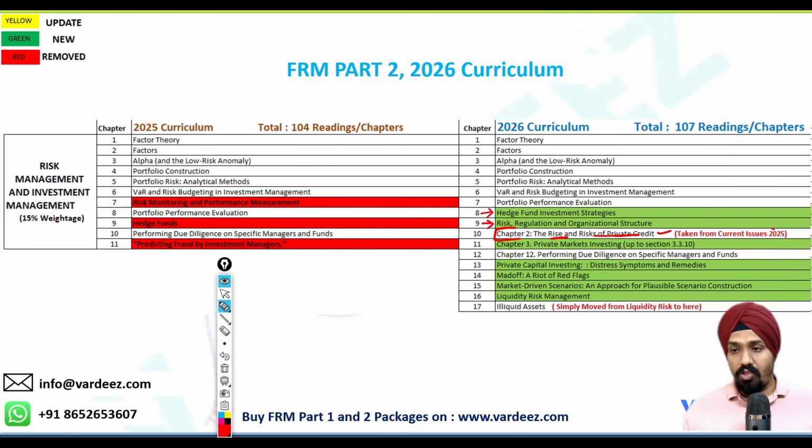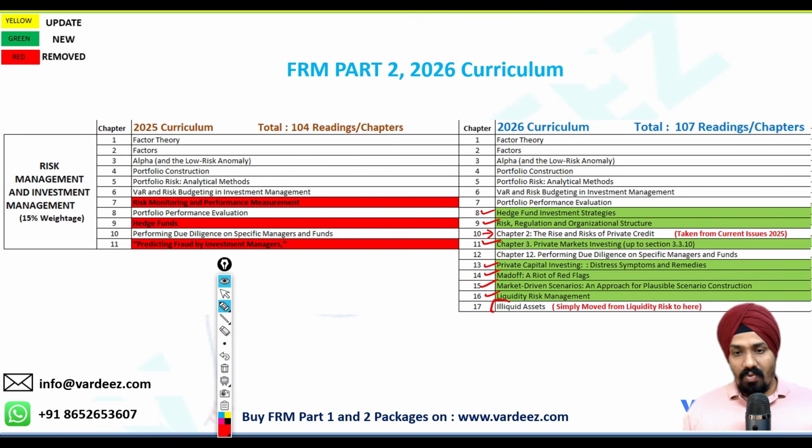So from current issues, they have taken the same learning objectives, the exact material, and moved it into the risk management and investment management book. Okay, so this is new, it has just been taken from current issues. All the things that you see in green are absolutely new for 2026.